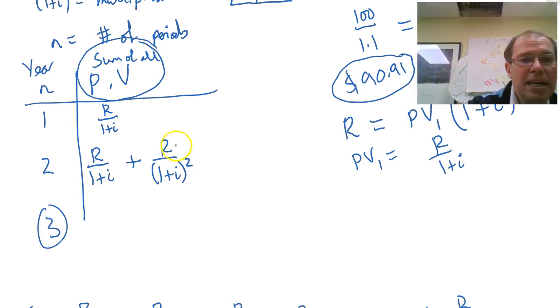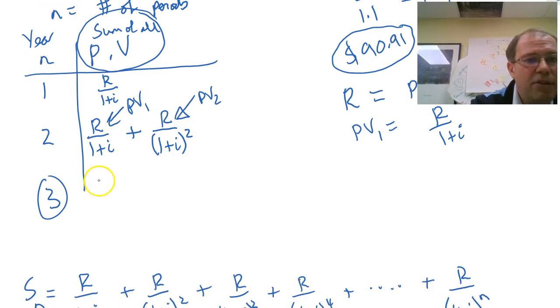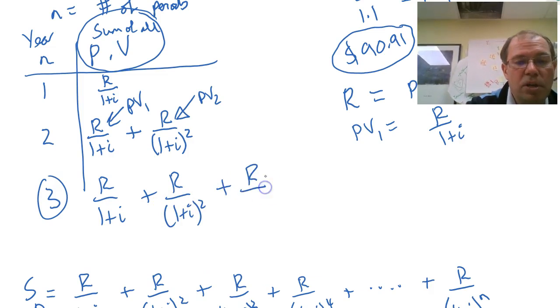So this is the present value of the second year annuity, PV2. This is PV1, and adding those together gives the total cost so far of all of my annuities, the present values. And then if I go after 3 years, I'd have the cost of the first year, R over 1 plus i, plus the cost of the second year, R over 1 plus i all squared, plus the cost of the third year, which obviously is compounded more, 1 plus i all cubed.